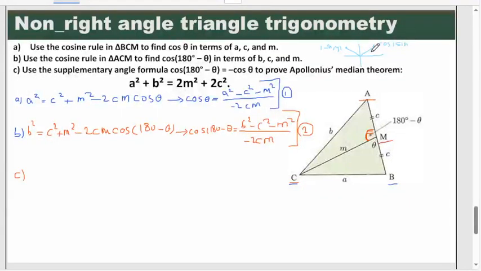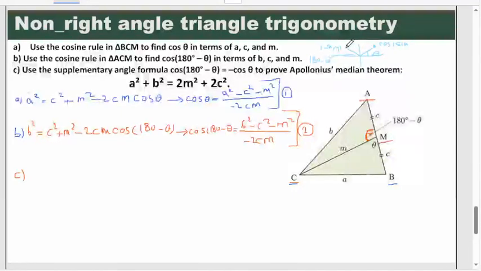And if this angle is theta, when I reflect it across the y-axis, this angle would be 180 minus theta. So as I said, my x is cosine.